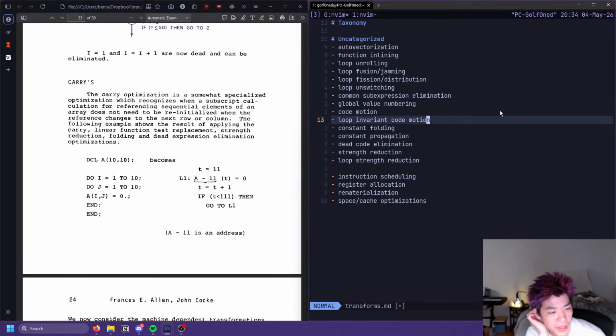Unless, I don't know, I just don't really see how it's distinct from some sort of code motion, I guess, plus strength reduction. I don't know. Or what is being carried here at least?